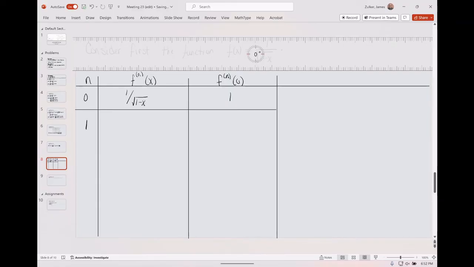First derivative. So now what is the derivative of that previous entry?